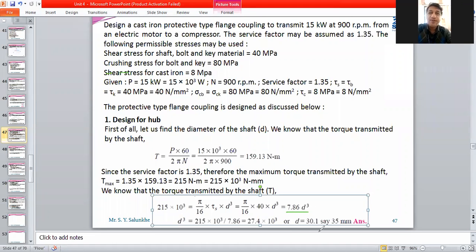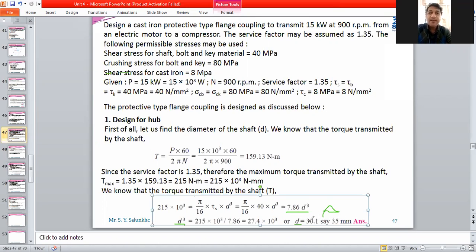This equation is written in terms of d cube. Later, the value of d is calculated and it comes to 30.1 millimeter. So it will be approximated to 35. One can approximate it to 33 or 32, and according to that, other dimensions will change. But here I have approximated it to 35 millimeter.